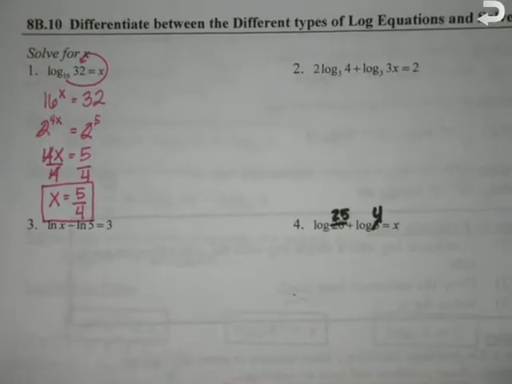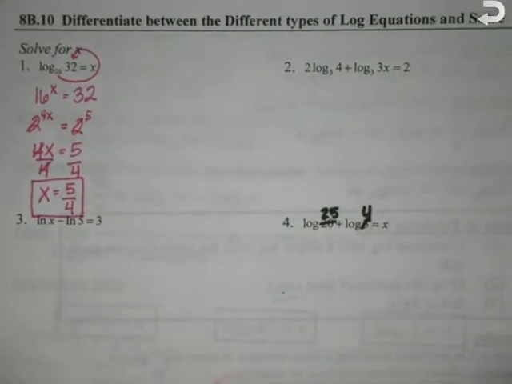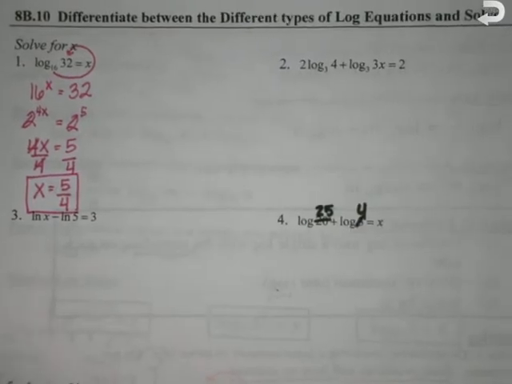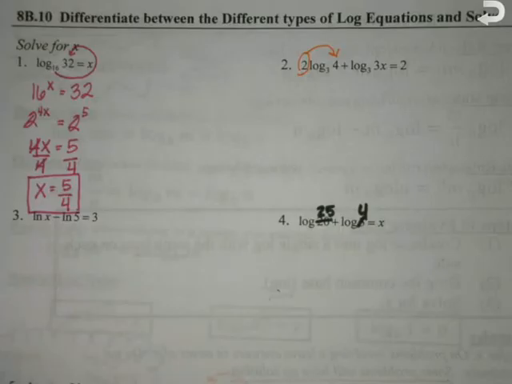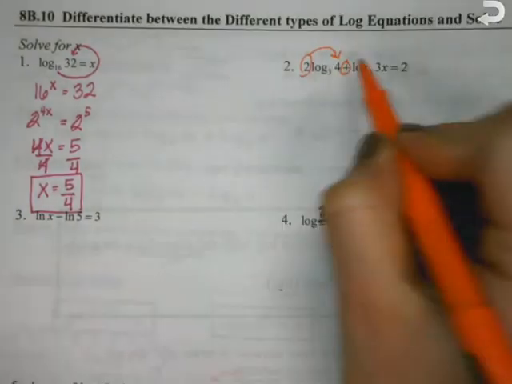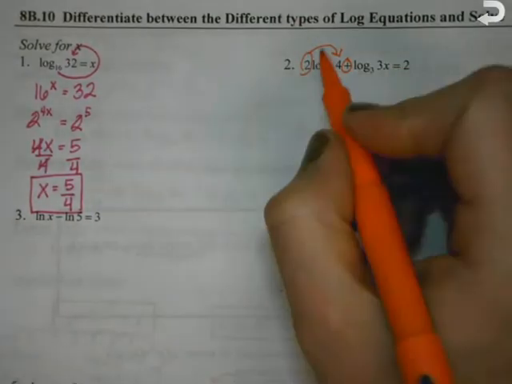Number 2. This one looks pretty close to what we did just now. What do I need to do first? Power. There's a power rule in there. What other rule is there? There's also a product rule. So this is the same as log base 3.